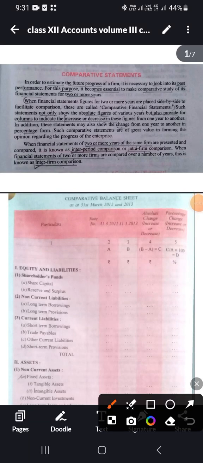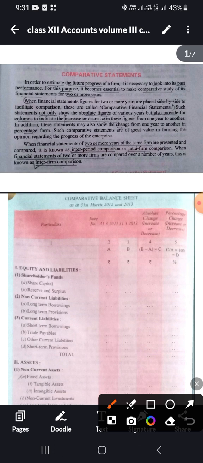Hello, in this video we are going to understand class 12th accounts volume 3rd chapter comparative and common size statement. These two statements are the tools which help to analyze the financial statement of balance sheet and profit and loss statement.